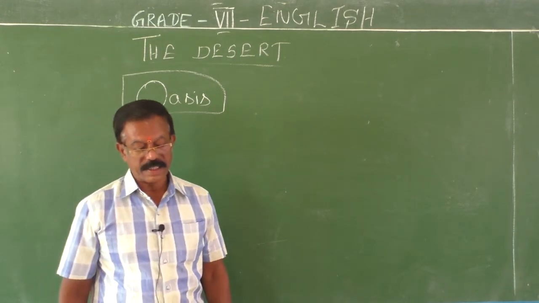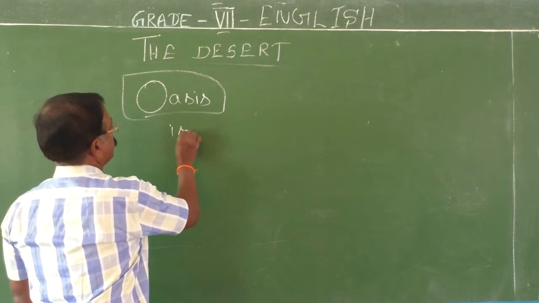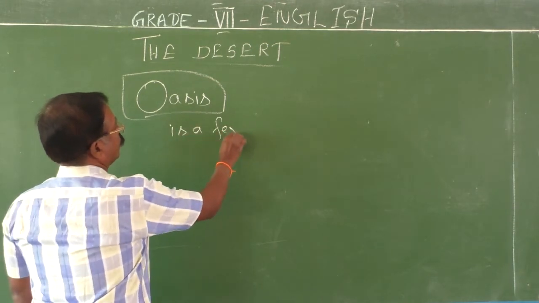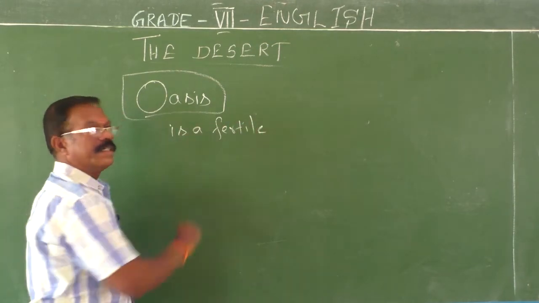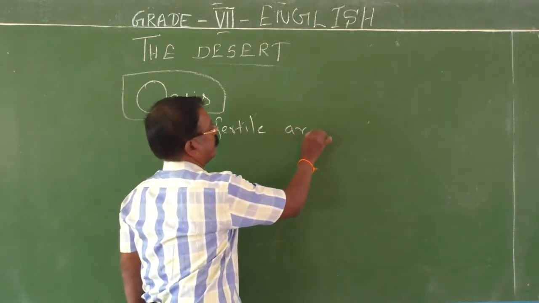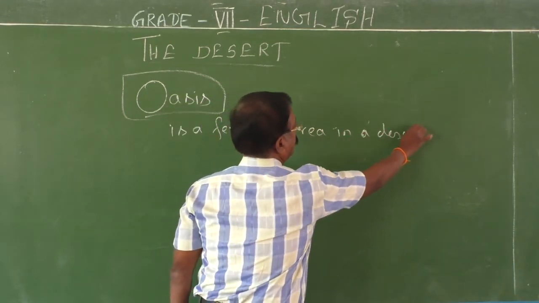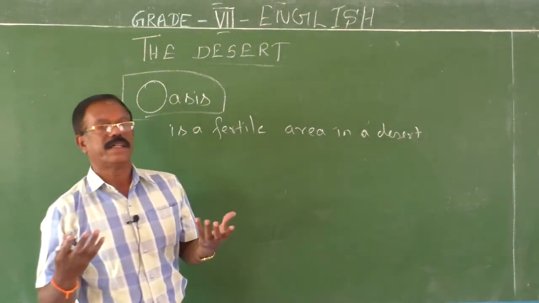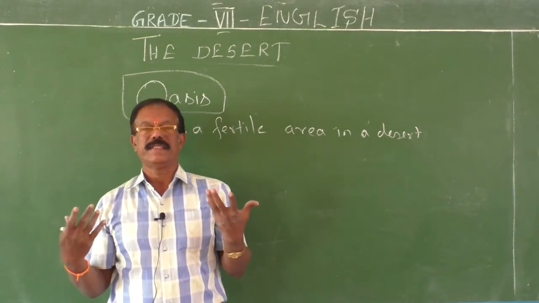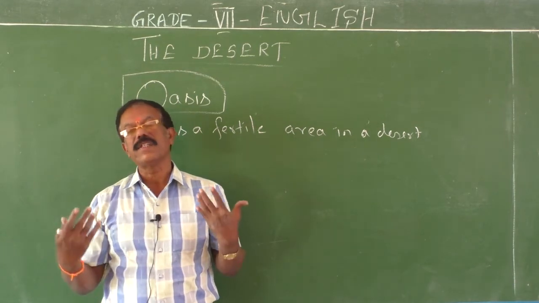So an oasis is a fertile area in a desert. They can get water from natural springs or other underground water sources.